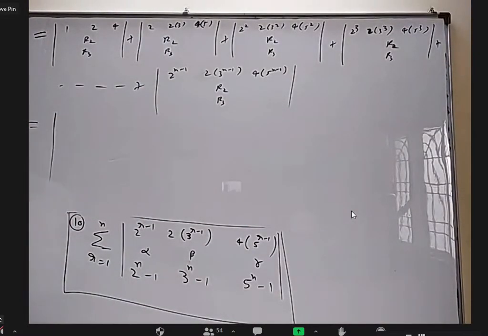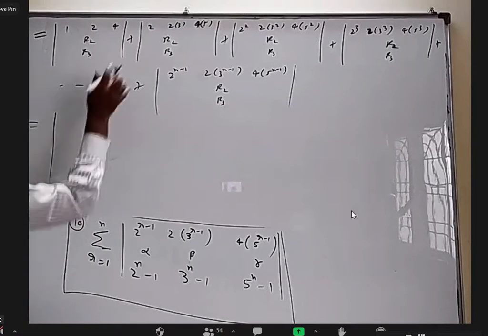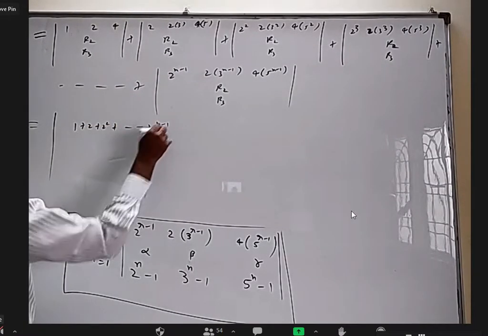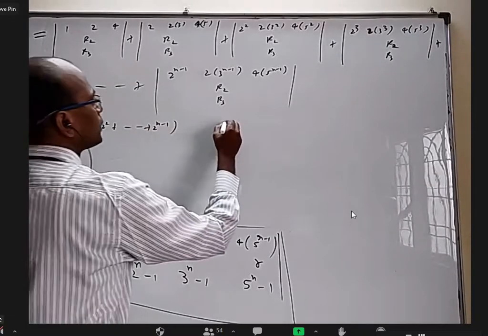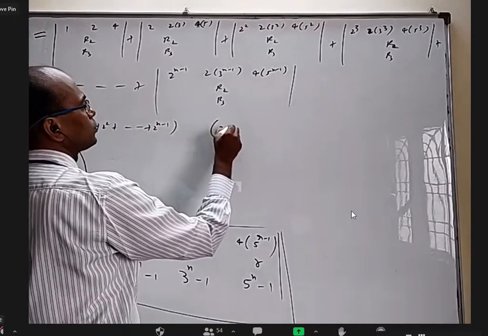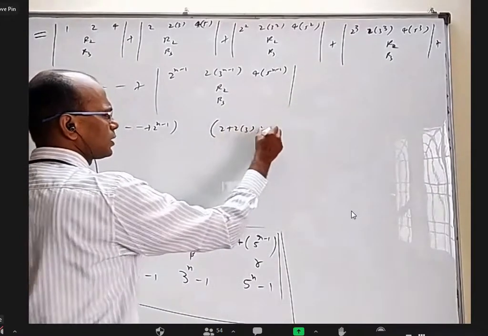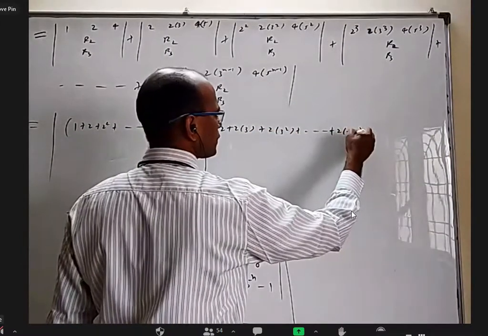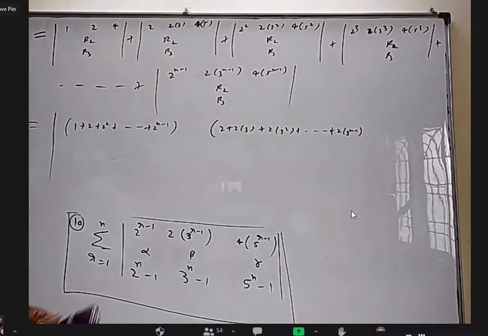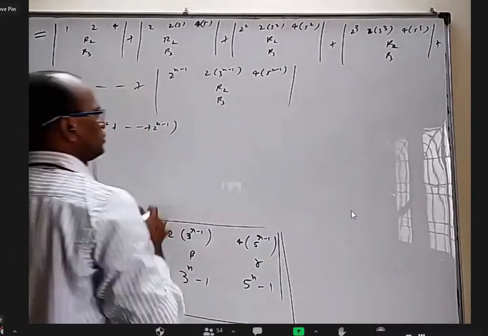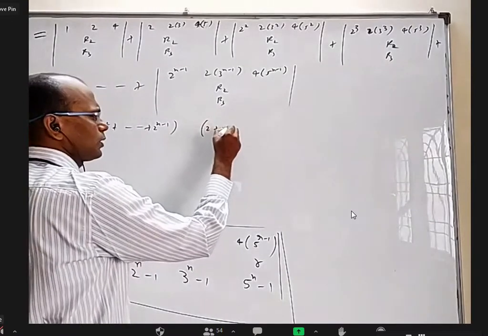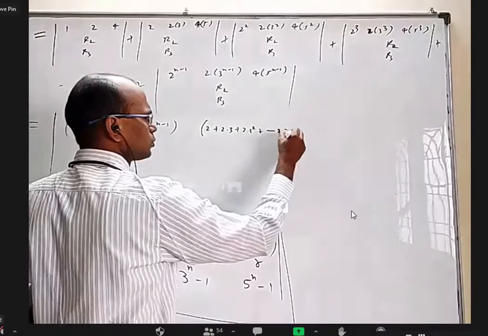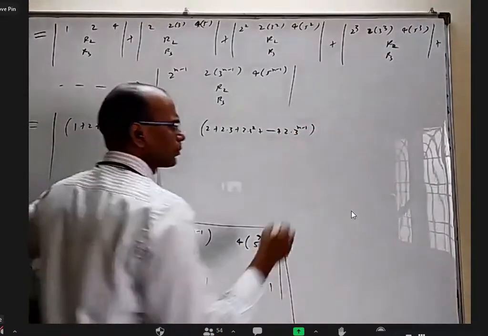Okay. Now, same second row. Let me write the first row: 1 plus 2 plus 2 square, and so on up to 2 power n minus 1. Here, 2 plus 2 into 3 plus 2 into 3 square, and so on up to 2 into 3 power n minus 1.